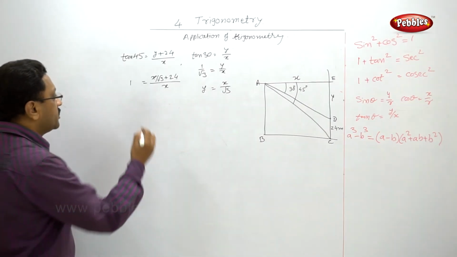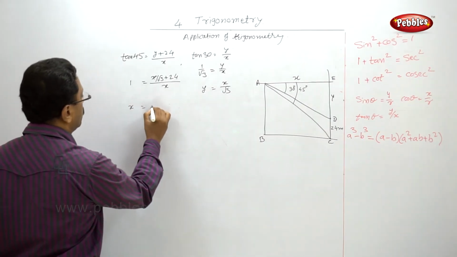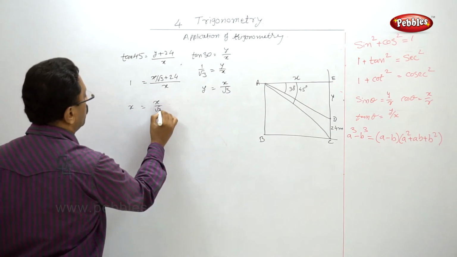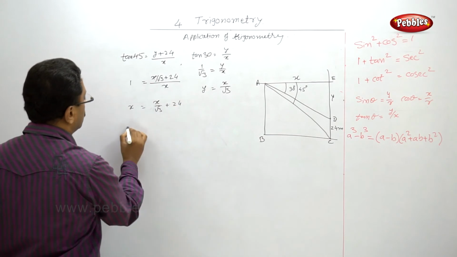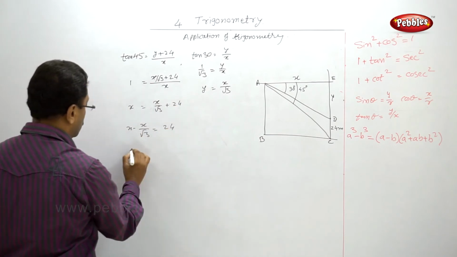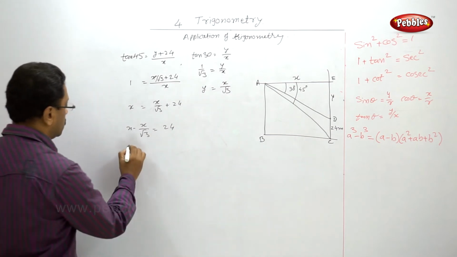So by solving this I'll get x is equal to x upon root 3 plus 24. So x minus x upon root 3 is equal to 24.